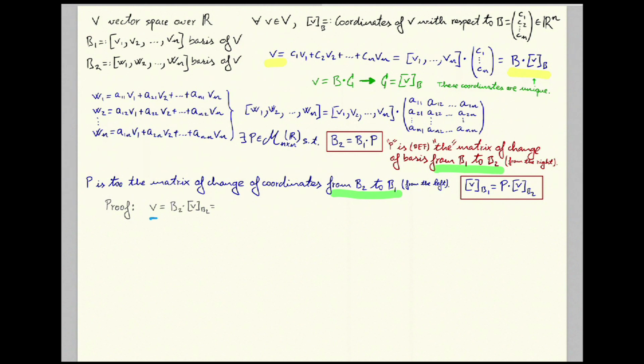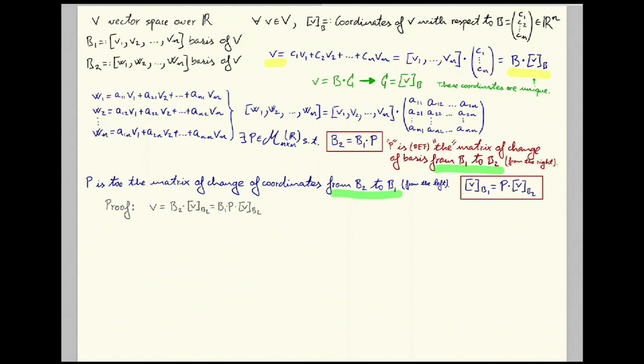If you have any vector, by definition, this vector is going to be the second base times its coordinates with respect to the second base. Now, the good thing is that instead of writing basis 2, we can write basis 1 times P. So what we can write here is basis 1 times P instead of basis 2.